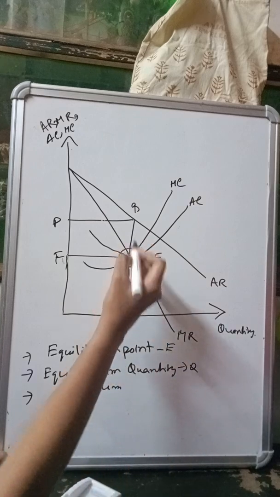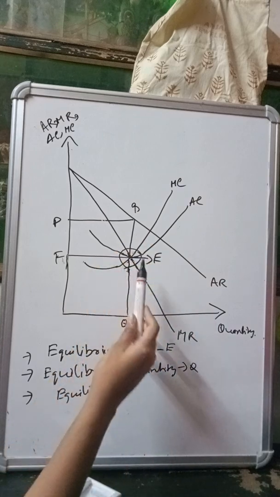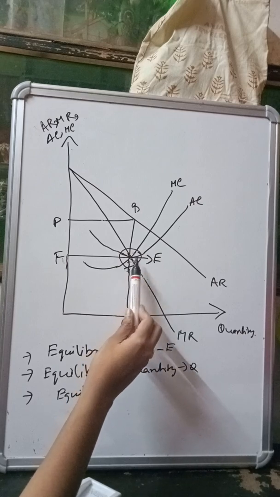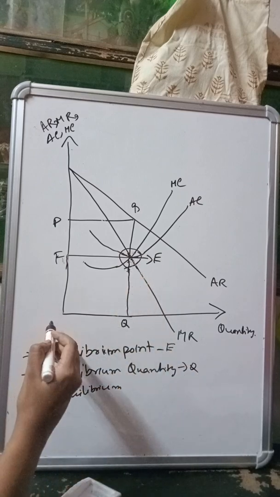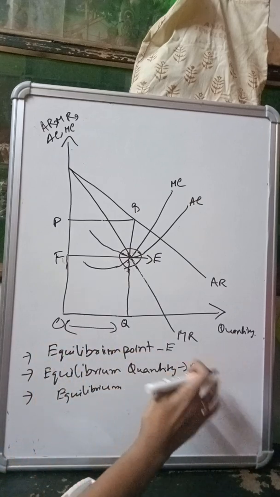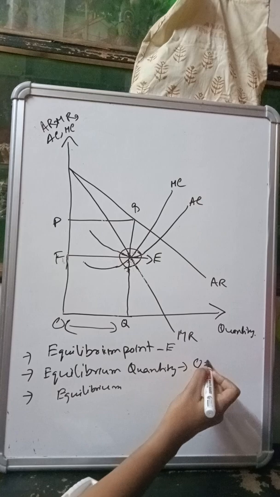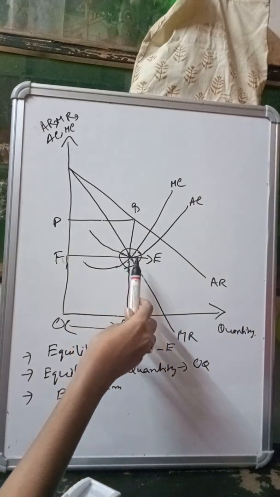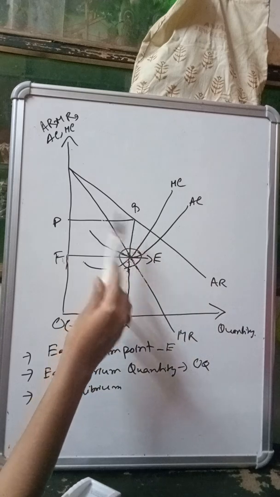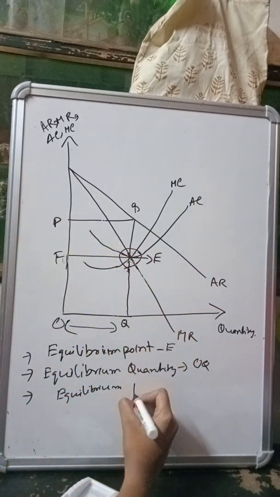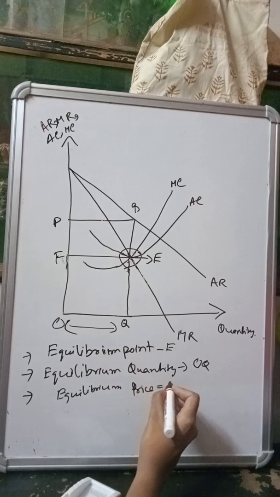Corresponding to this equilibrium point, my quantity is OQ. So equilibrium quantity is OQ, and corresponding to this E we have to produce this line until it meets AR, and the corresponding price is OP. So equilibrium price is nothing but OP.